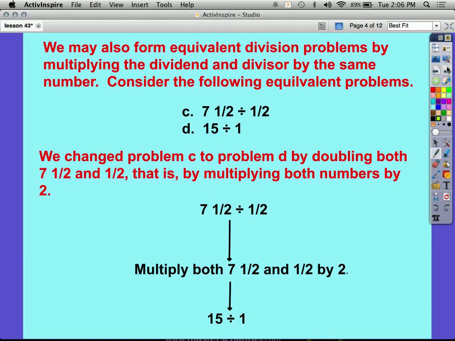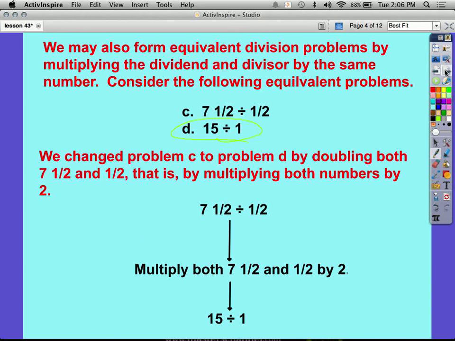So look at the following equivalent problems. 7 1/2 divided by 1/2, and then 15 divided by 1. I would hope that you're thinking that problem D is easier. We change problem C to problem D by doubling both 7 1/2 and 1/2. That is, by multiplying both numbers by 2.